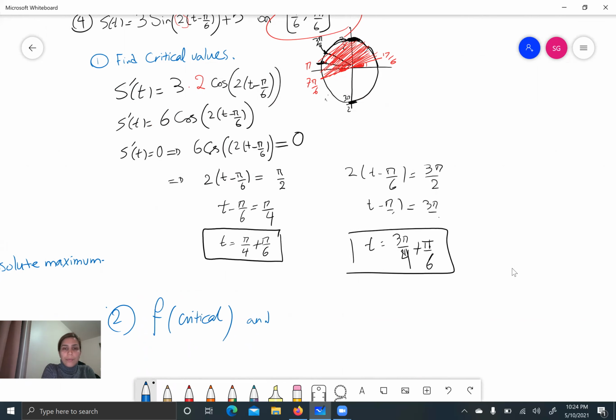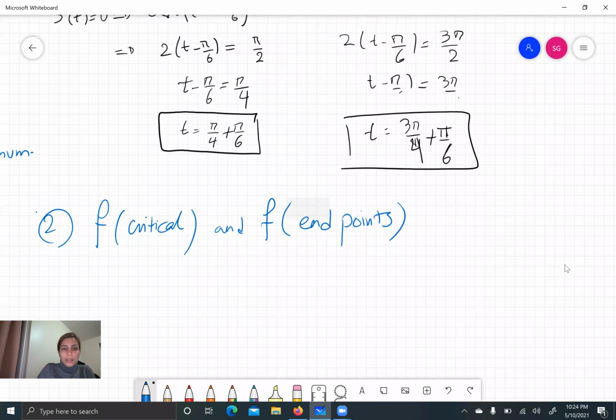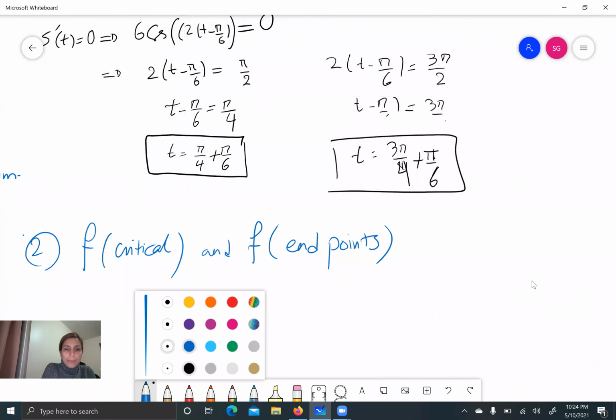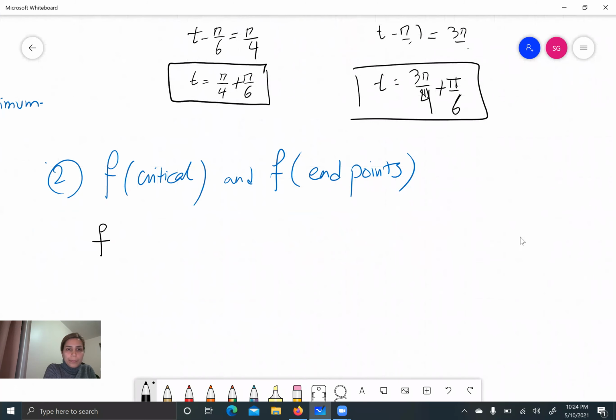and f of endpoints. So we need to do these calculations. We need to find f of critical value. So that means finding f of pi over 4 plus pi over 6. This is one critical value. You can simplify it, of course.